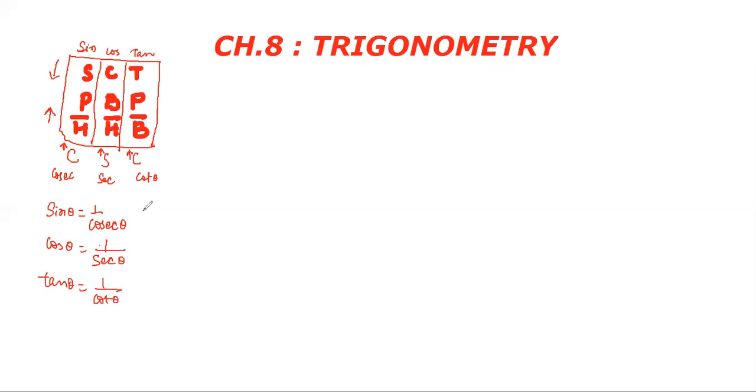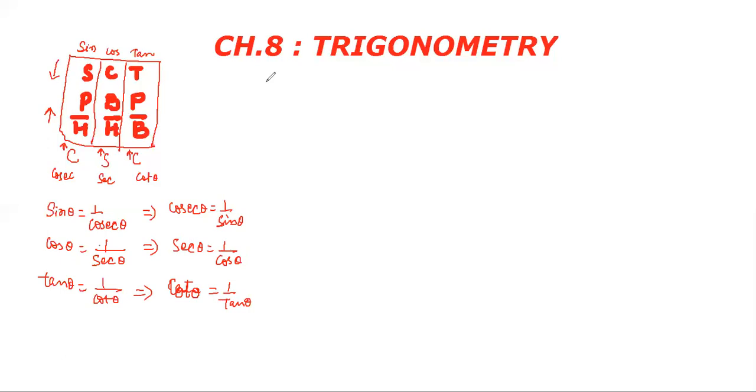Or the other way around, you may say that cosec theta is equal to 1 upon sine theta, or sec theta is equal to 1 by cos theta, or cot theta is equal to 1 upon tan theta. These are the 6 fundamental formulas, and children, from here only you are able to derive 2 more formulas.